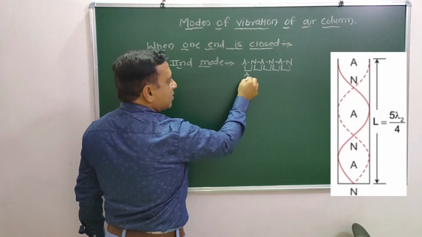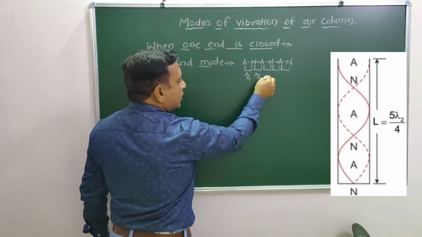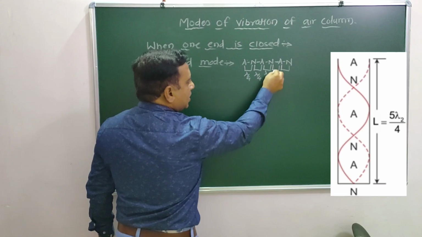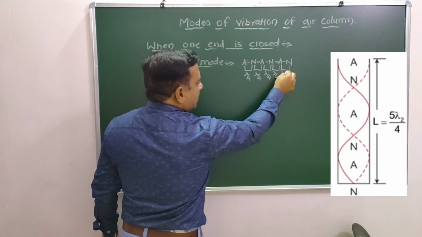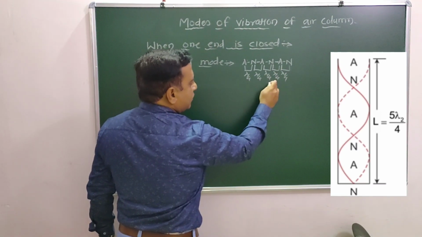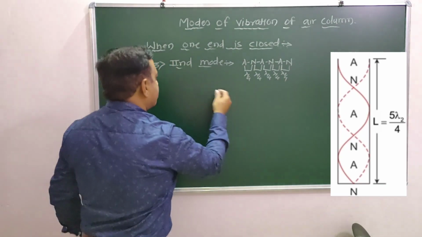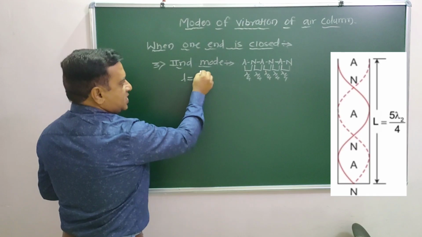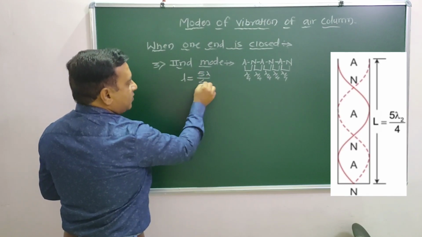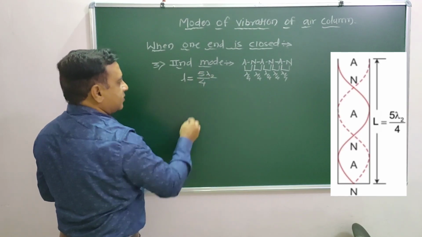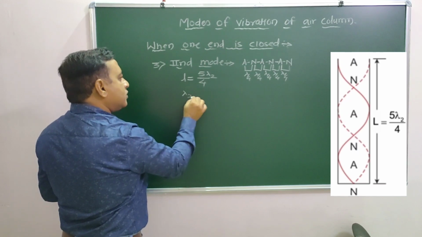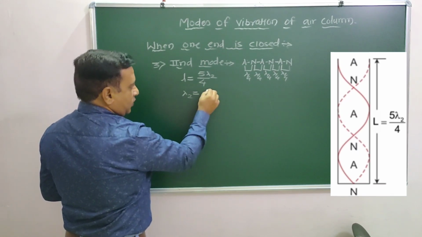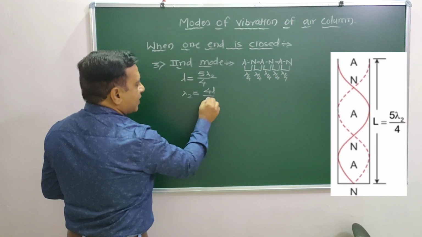So corresponding lambda by 4, lambda by 4, lambda by 4, lambda by 4, lambda by 4. So 1, 2, 3, 4, 5: 5 lambda by 4. Corresponding length I am going to write, that is 5 lambda upon 4. Suffix second, so lambda 2 is equal to 4L upon 5.